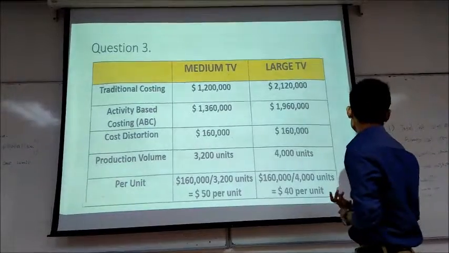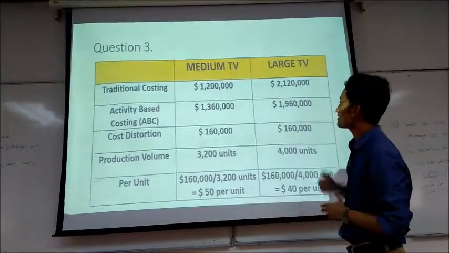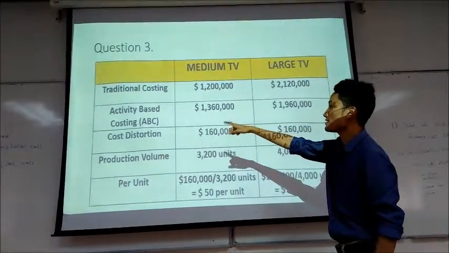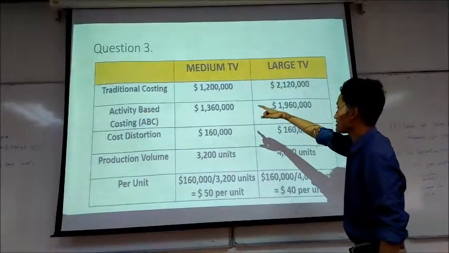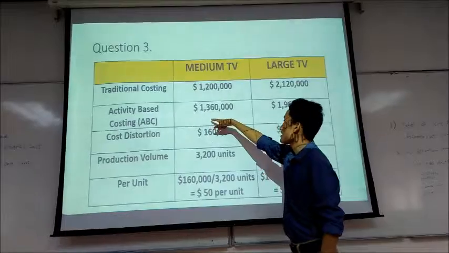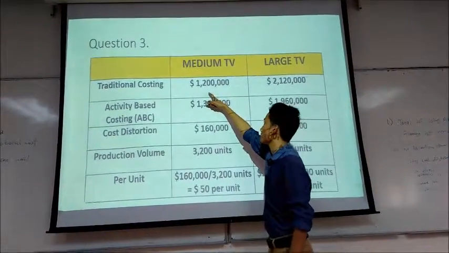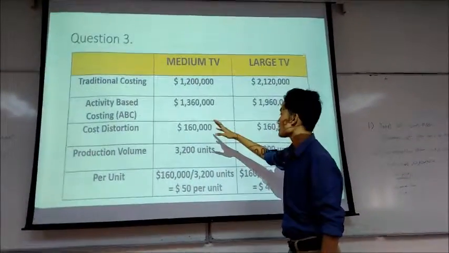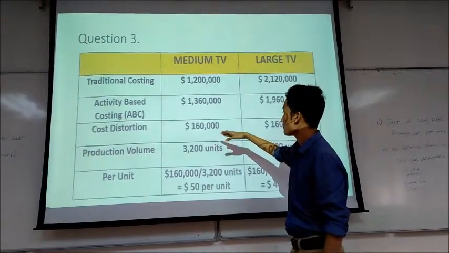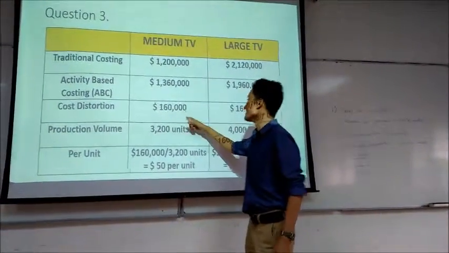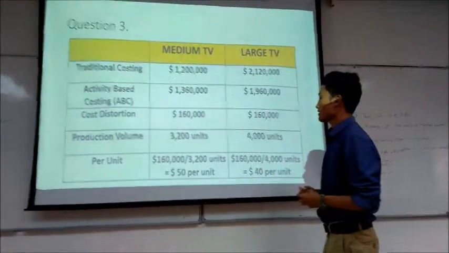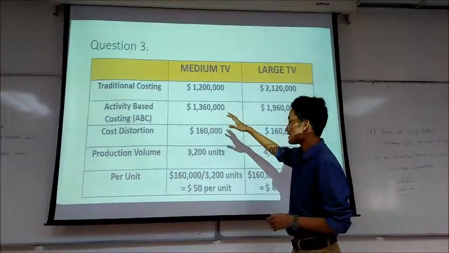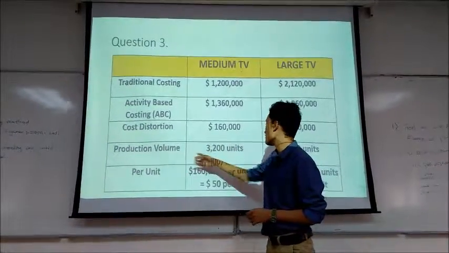So in order to calculate the cost distortion for medium TVs, firstly we have to minus traditional costing with the activity-based costing, which is 1,360,000 minus 1,200,000, and you get the cost distortion, which is 160,000, and then in order to get the per unit value, you divide cost distortion by the production volume.